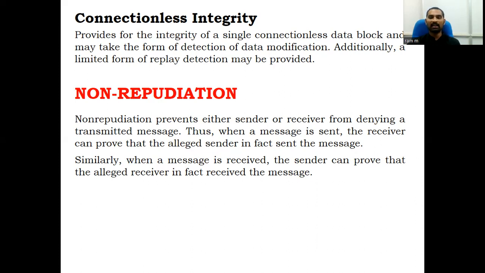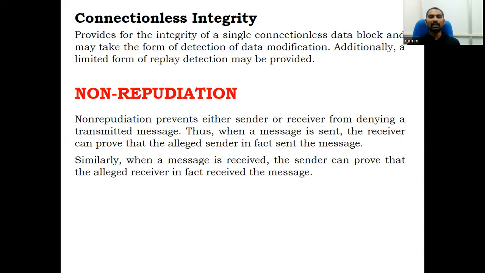If there are two black ticks, we can say it is received by the receiver. If there are two blue tick marks, then the receiver has received and read the message. When a message is received, the sender can prove that the alleged receiver in fact received the message. That is a small example for non-repudiation.